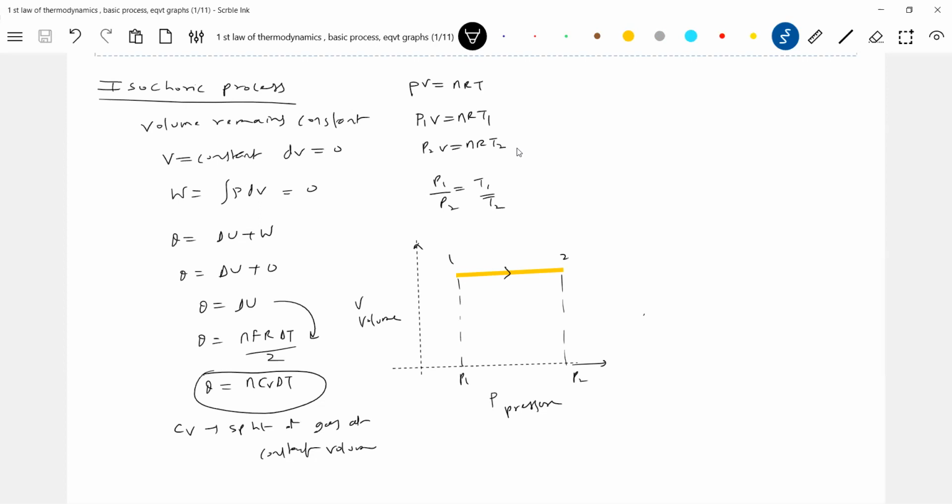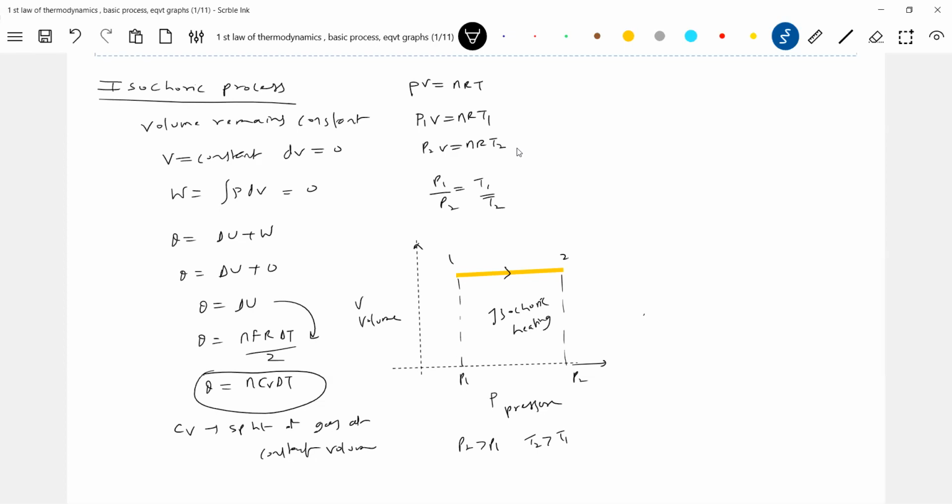Temperature of gas will be more at T2 than T1. Able to interpret this? Because P2 will be greater than P1, therefore T2 should be greater than T1 here. I'm using the ideal gas equation; wherever you want, you can take help of the ideal gas equation. So you can call this isochoric heating, as temperature of gas increases. If the arrow is towards the left, it is isochoric cooling. Okay, this is the volume-pressure graph.